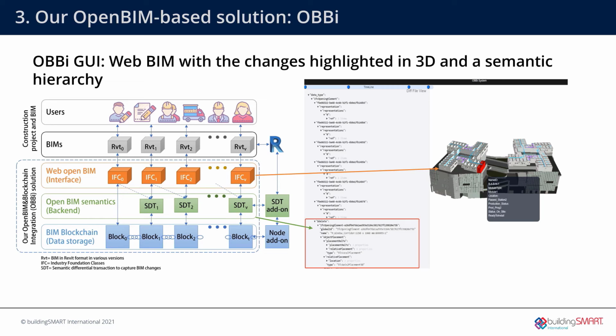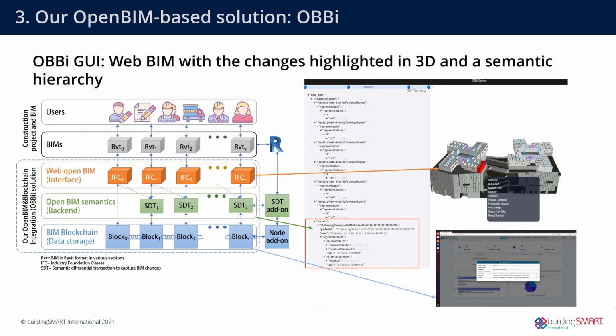This web interface can also help retrieve the semantic changes in the JSON file. And also, the block changes can be viewed in the main interface of blockchain.